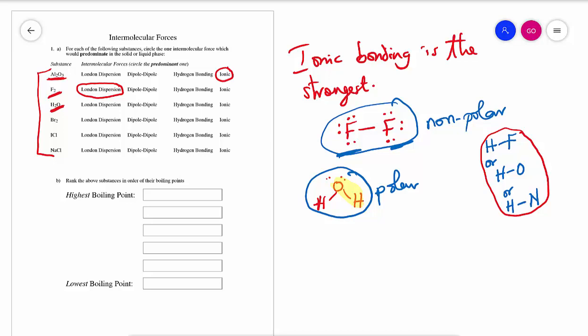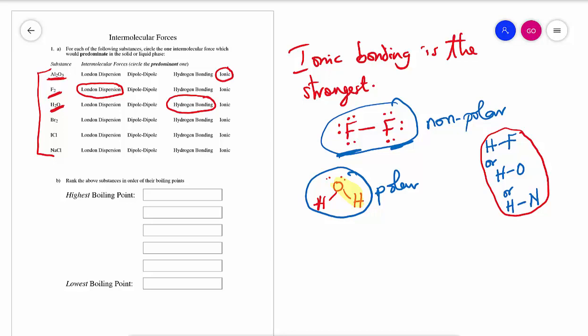Actually, remember, hydrogen bonding is a special type of dipole-dipole. It is a dipole-dipole, but a stronger dipole-dipole. So, in H2O, the strongest intermolecular forces we will have will be hydrogen bonding because H2O is not ionic.